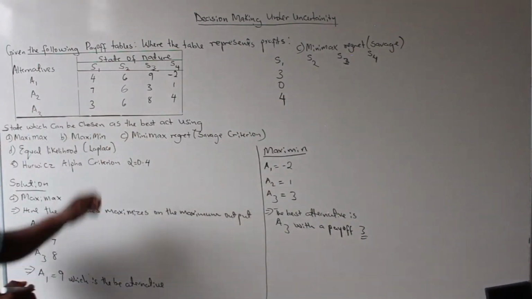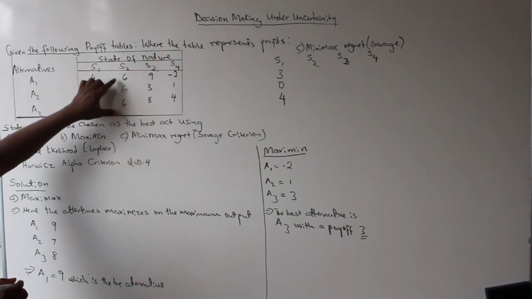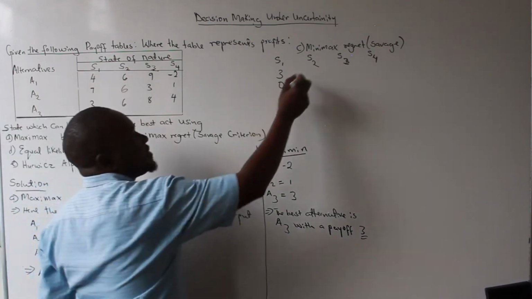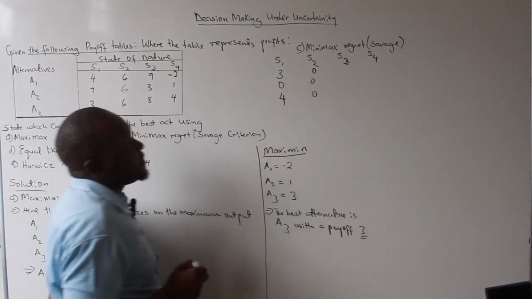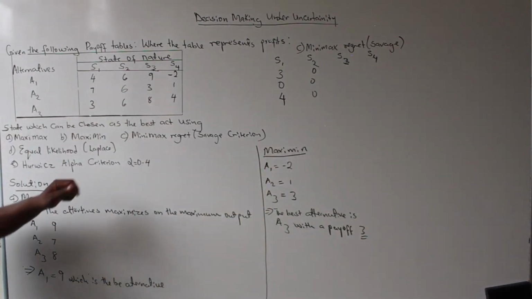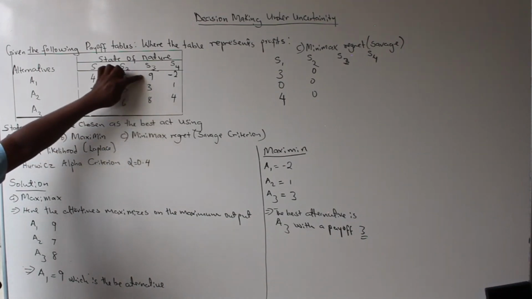You come to S2. You look again at the maximum value. All the values are equal, each is 6. So it will be 6 minus 6, you get 0, 0, and 0. Then go to S3. The maximum value there is 9.